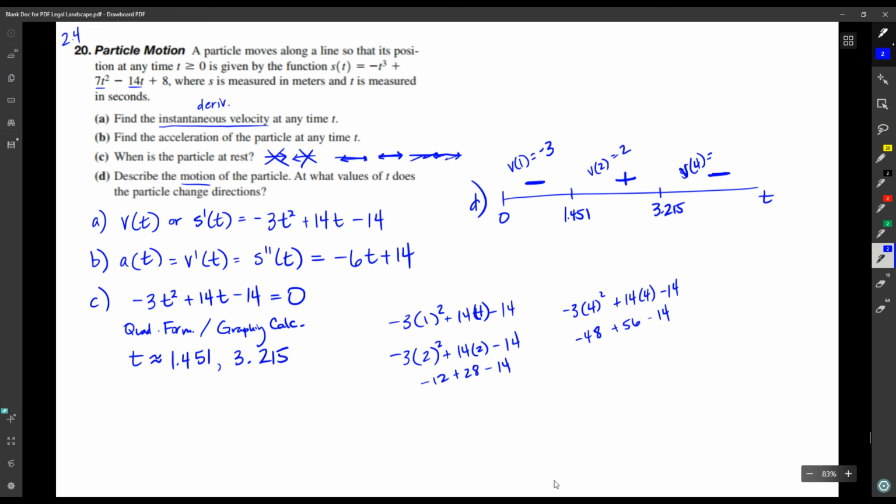So these are the signs of the velocities, and that means that our particle moves left, changes direction and moves right, and then changes direction again and moves left. So how do we describe the motion of the particle? We kind of just did it.